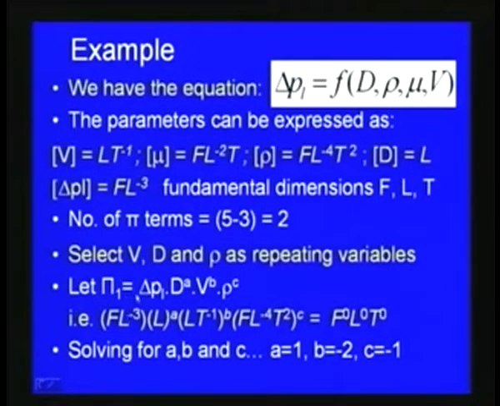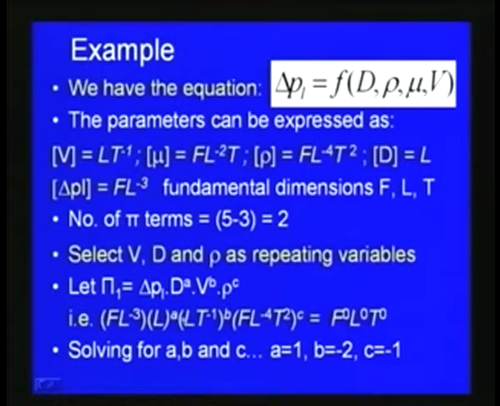So, we can write pi 1 is equal to delta p L d to the power a, v to the power b, rho to the power c, where a, b, c are constants which we have to find. Writing all the units: F into L to the power minus 3, L to the power a, L into t to the power minus 1 all to the power b, F to the power 1, L to the power minus 4, t to the power 2, all to the power c.